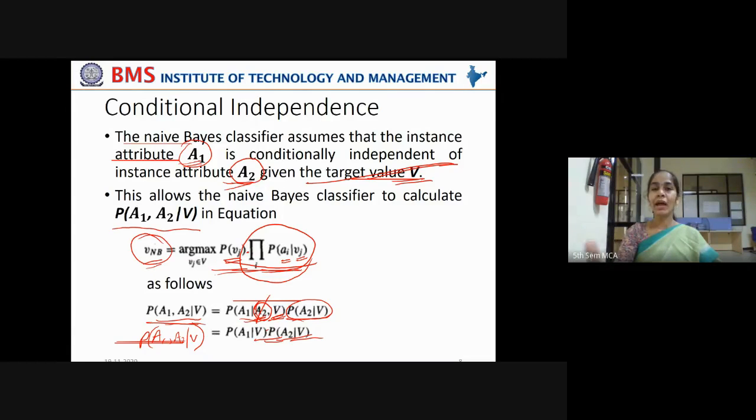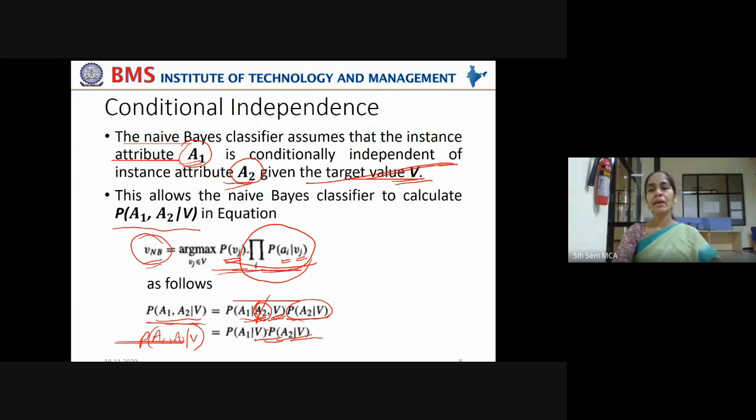Remember, A1 and A2, if you're taking two attributes, if you want to find out the probability of them occurring together, given the condition they are conditionally independent, they don't have any relationship between each other, then you can calculate the probability of both of them occurring together as the product of each of them occurring separately.